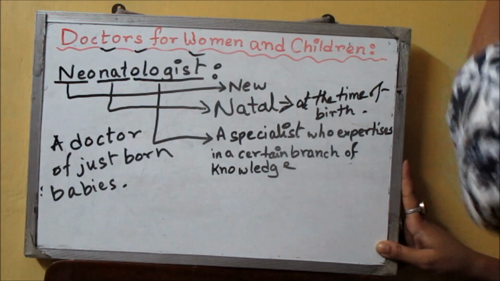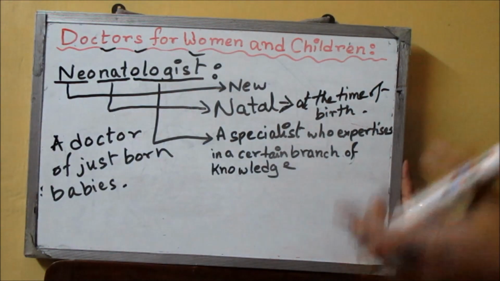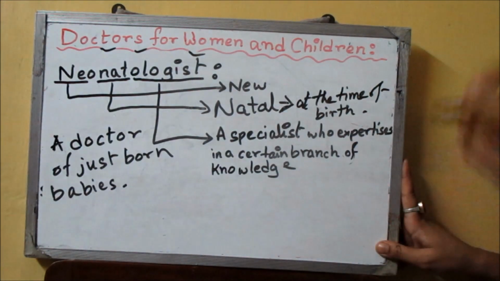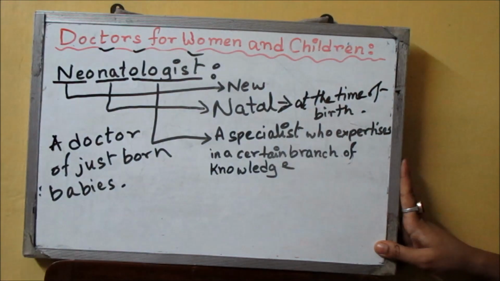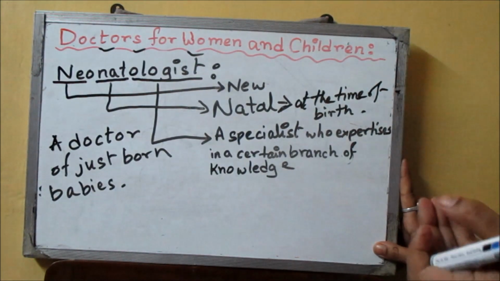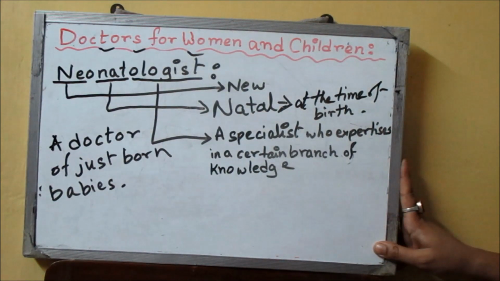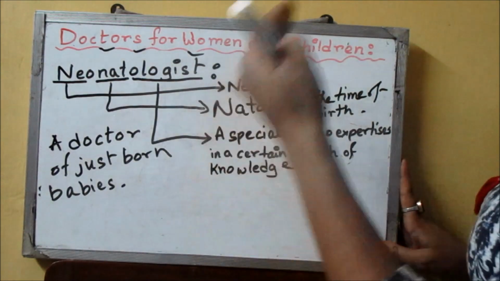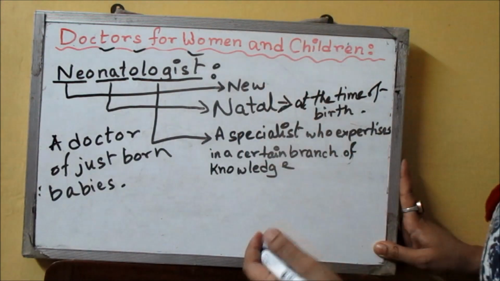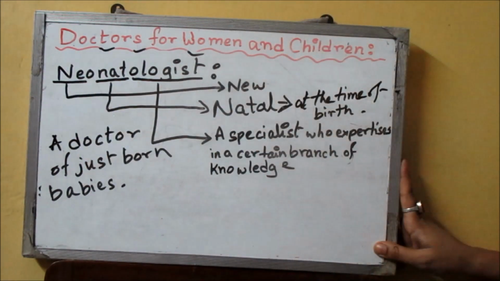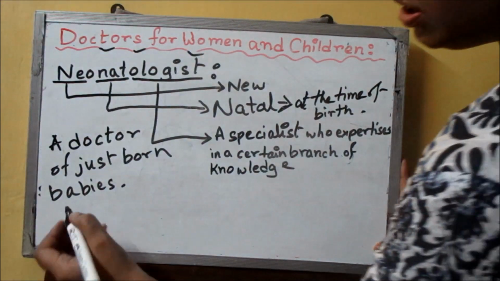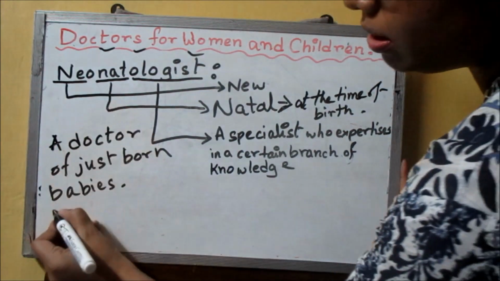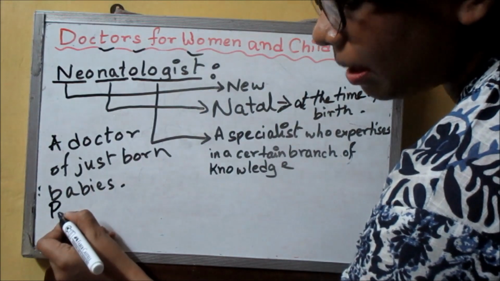Okay, it often happens that just after childbirth, some kids have problems. There are often complications during the childbirth which complicate the health of the baby. So the specialist who deals with the babies at that time, just after the childbirth, is a neonatologist.